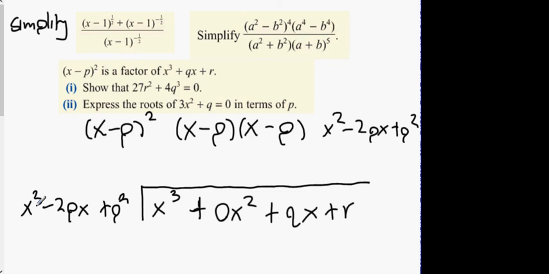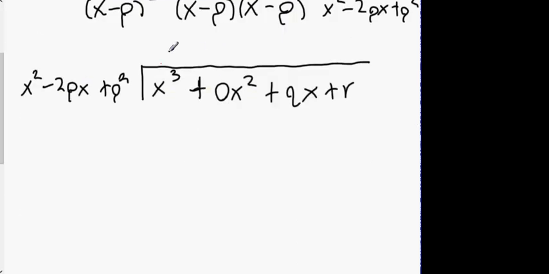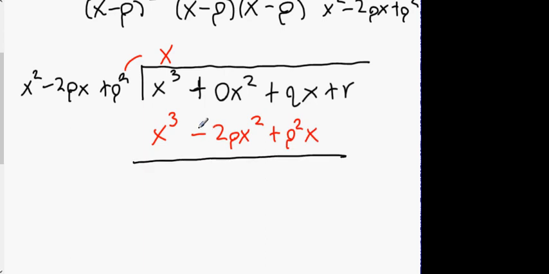Now that we're going to divide this in, we're going to get x cubed minus 2px squared. A major problem was people weren't lining up the x squareds and the x's together, and then on the next step you didn't group them together. That's our main problem. Okay, I'll tell you what I mean by that now in a second. p squared by x is p squared x. Okay, take them away, change everything that was a negative into a positive.